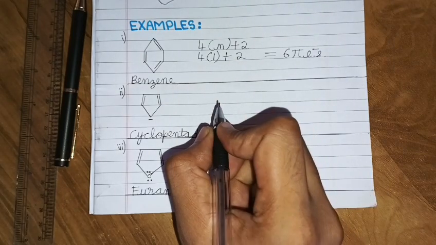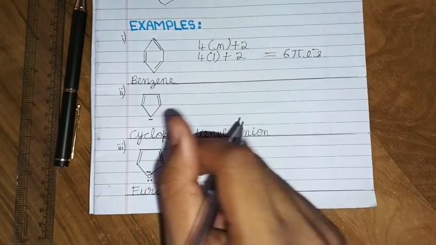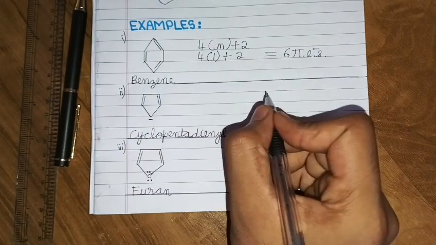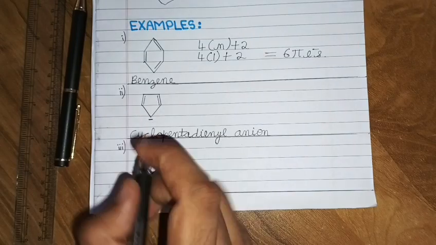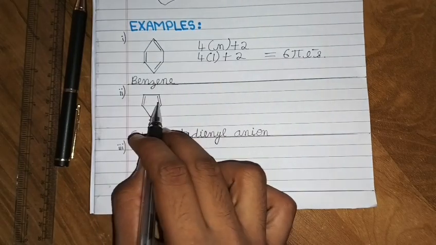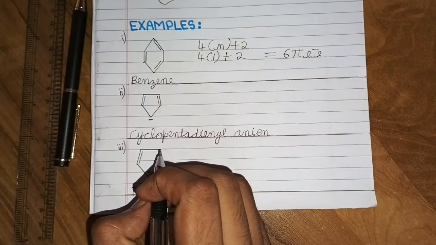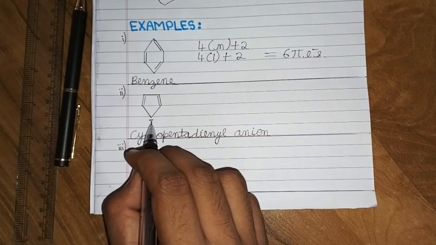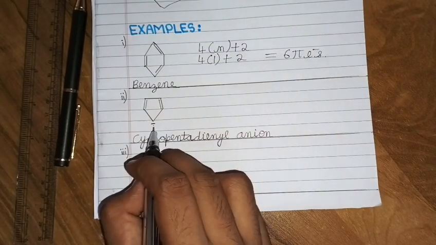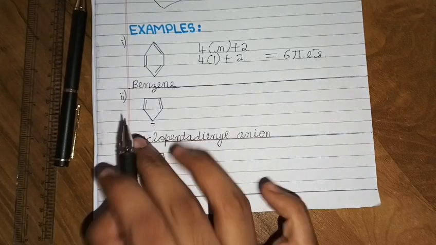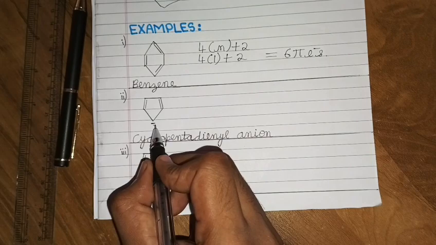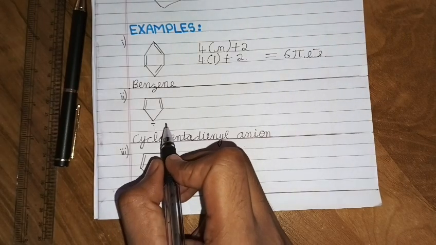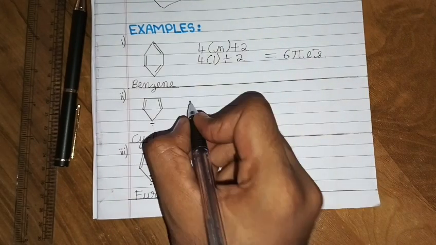So the next structure we have is cyclopentadienyl anion. The name is not that required. We are using the same formula here. Here we have two pi bonds and we have a minus sign. This minus sign acts as two pi electrons here. Whenever there is a negative sign, it acts as two pi electrons. So it becomes 6 even here.